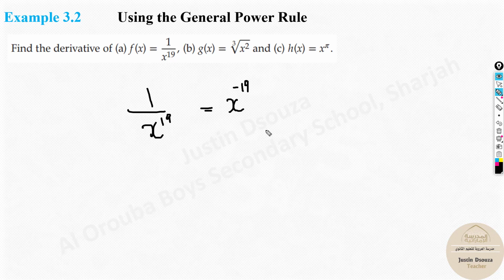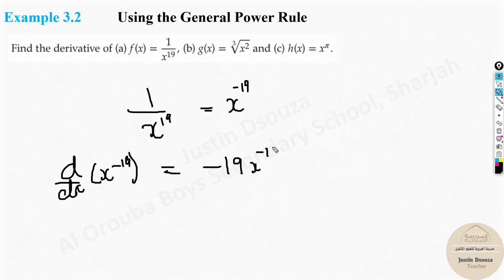Don't forget the minus. Now the derivative of this is the same as the derivative of this. So let me do d/dx of x to the power minus 19. Now what's going to happen? Minus 19 comes down. This would mean minus 19 x to the power minus 19 minus 1.